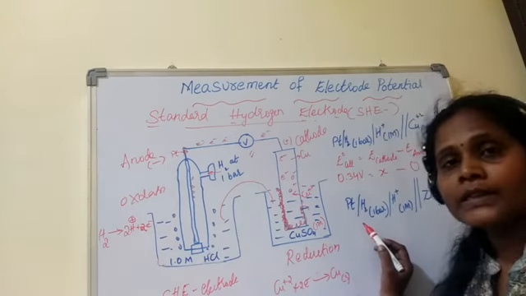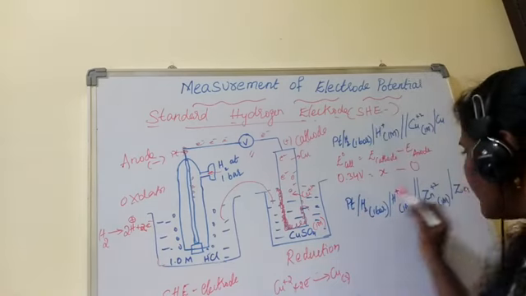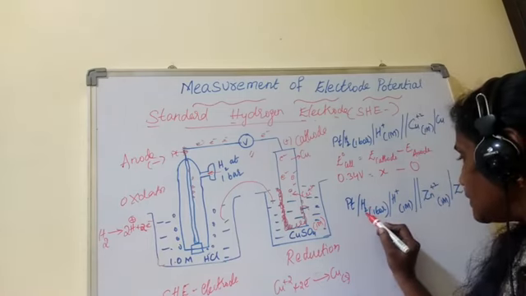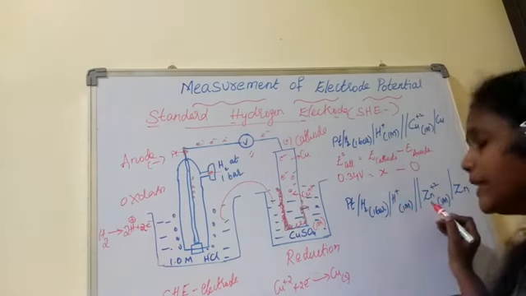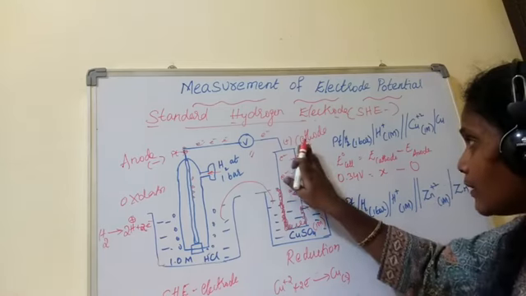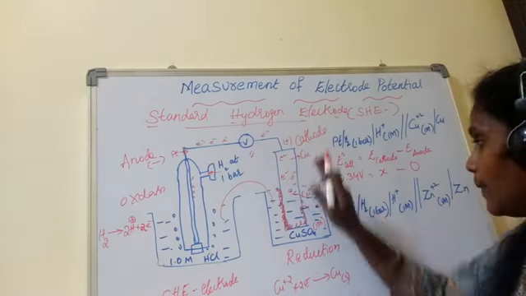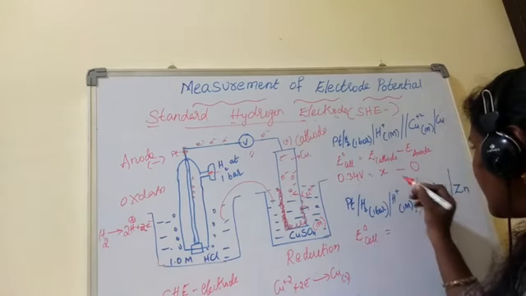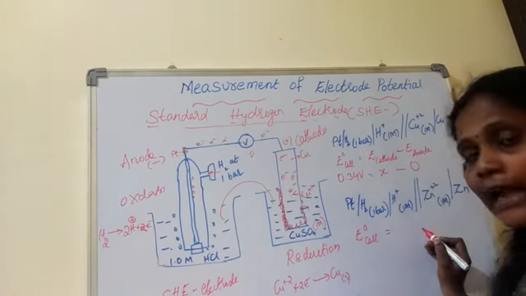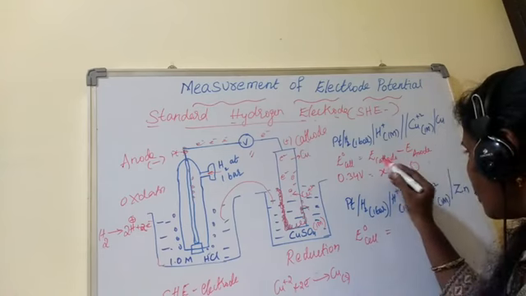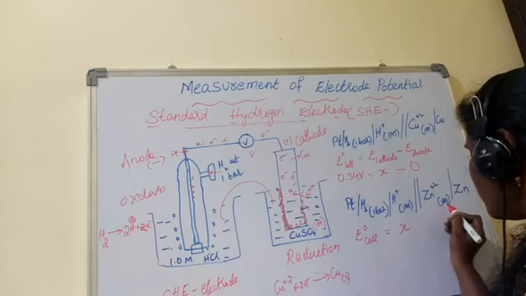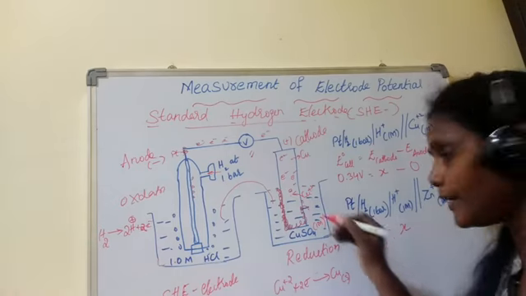Similarly, if I keep zinc, the galvanic cell representation is the same, right? So here platinum, hydrogen is converting into H plus, zinc plus 2 is converting into zinc. Instead of copper, it is zinc, that's it. Then E naught of the cell is E cathode minus anode. For the cathode I again kept X because I don't know the zinc value, which is what I want to identify.